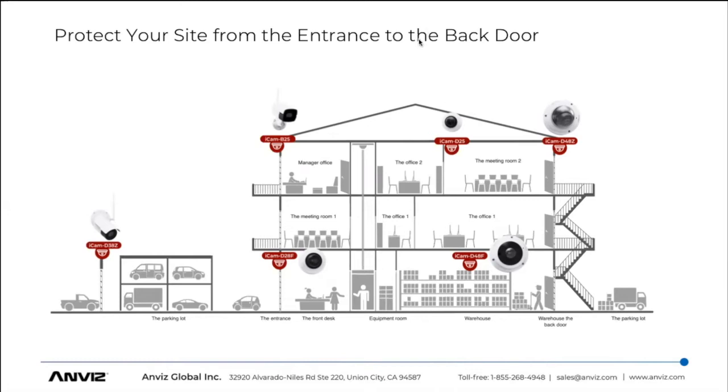And also on the perimeter, we can provide outdoor application cameras, Wi-Fi, IP66, IK10 can also be equipped on our camera itself. From the small areas to the big areas, from the front door to the back door, all will be protected by IntelliSight.